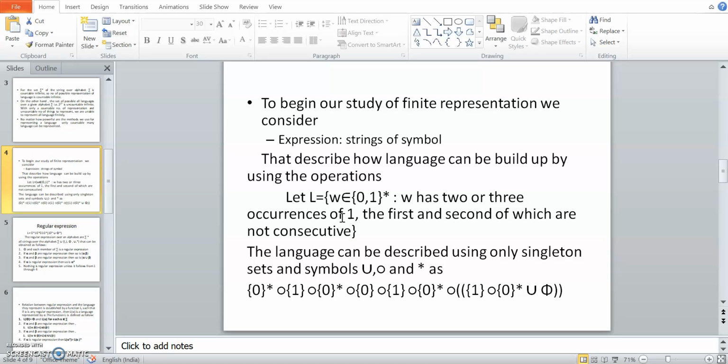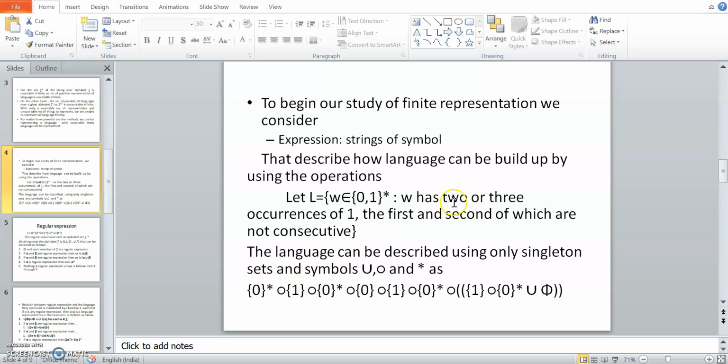How do we represent this English statement in some representation format? The language can be described by using only singleton sets and symbols like union, concatenation, and star, such that the given English expression or mathematical statement can be written in this representation form.